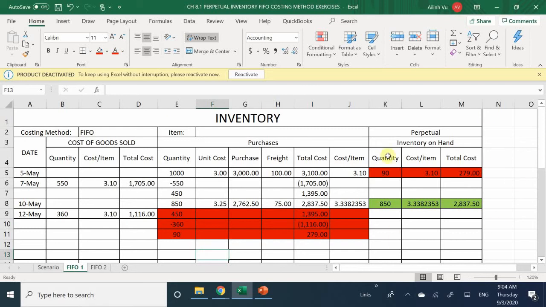Everyone good so far? For any instances where I need to solve for what I have in inventory on hand, I can just sum this up, and I would know automatically that day that I have this much left.